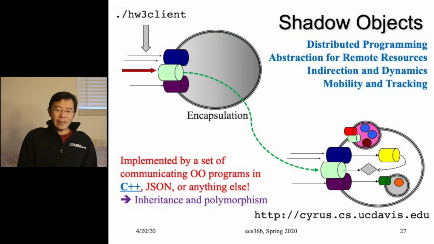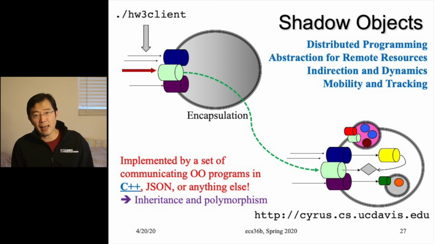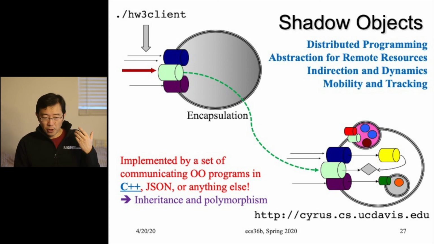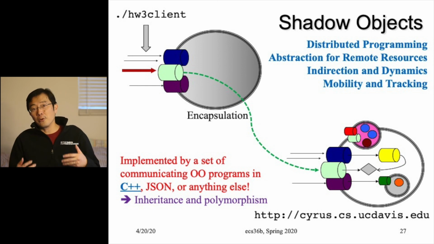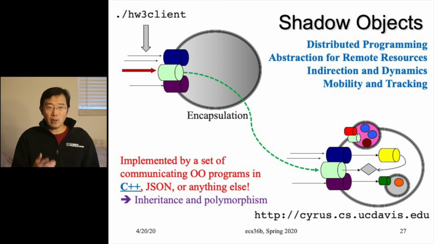Okay, so I think we quickly went through the basic idea of a shadow object, and it's a very powerful concept. I showed you a working example that you can use not only to understand, but to develop your own version of homework assignment number 3, part 2. I asked you to do 3 things, but in the example, I only do the first thing, and you need to finish the other 2.